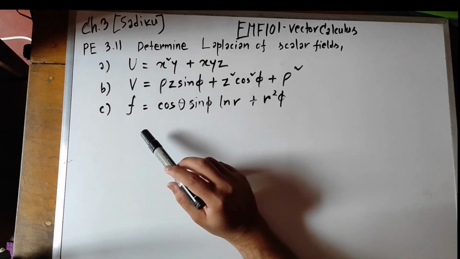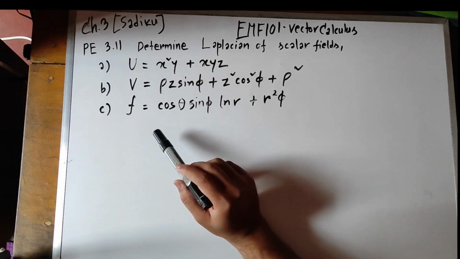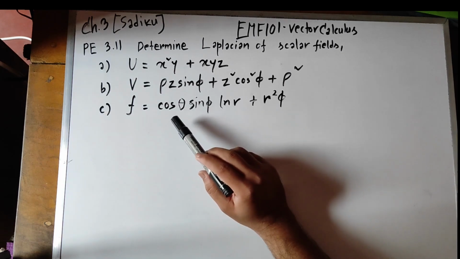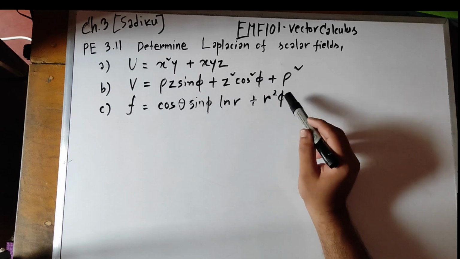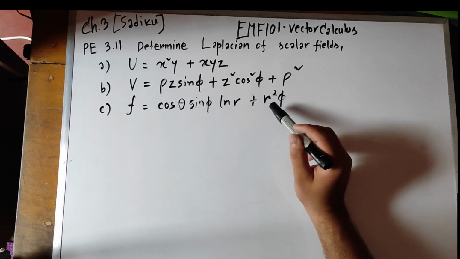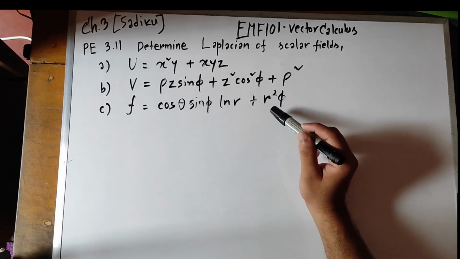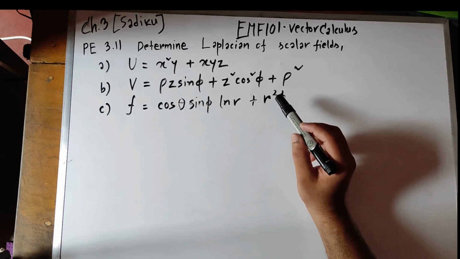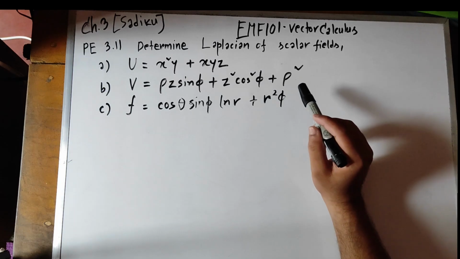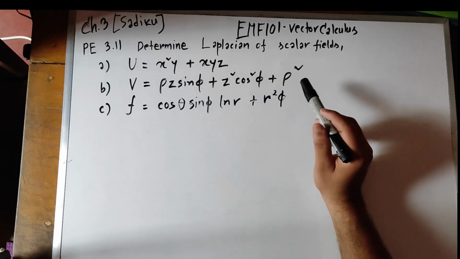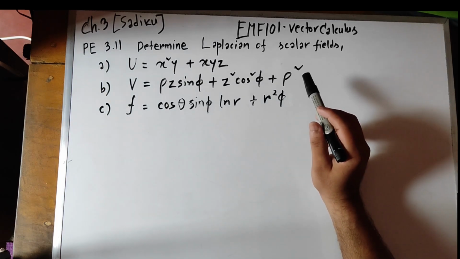And the last scalar field f equals cos theta sin phi ln r plus r square phi, which is in spherical coordinate system. So we have to find the Laplacian of these three scalar fields in their respective coordinate systems.